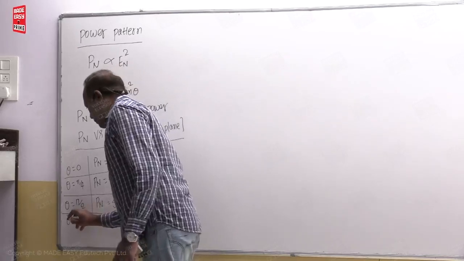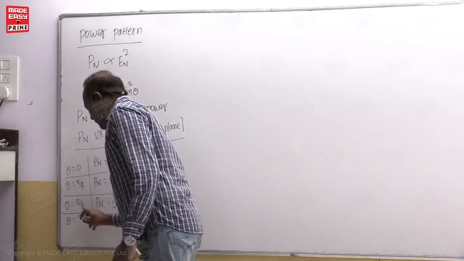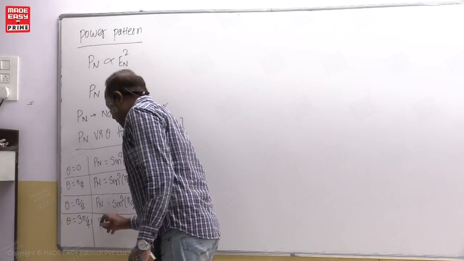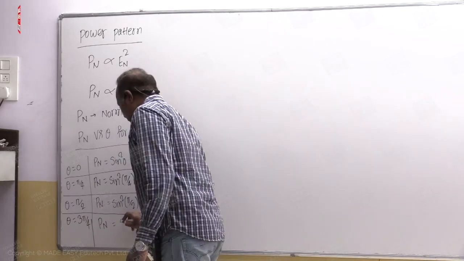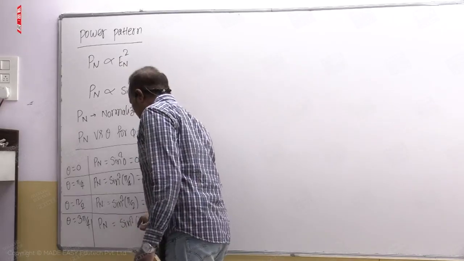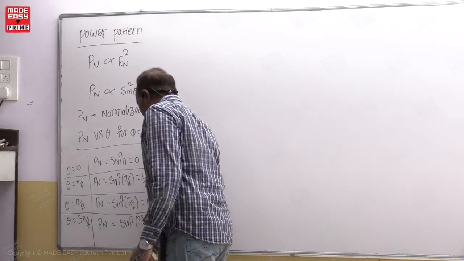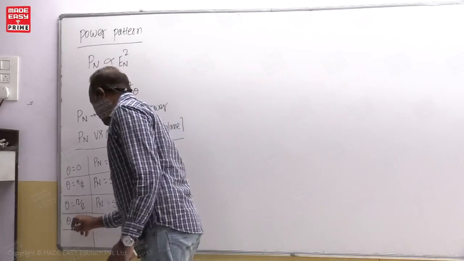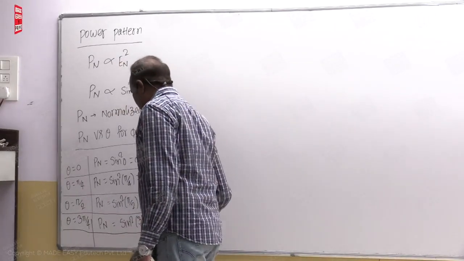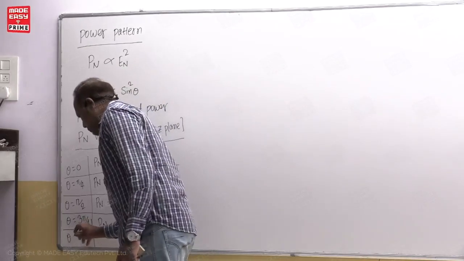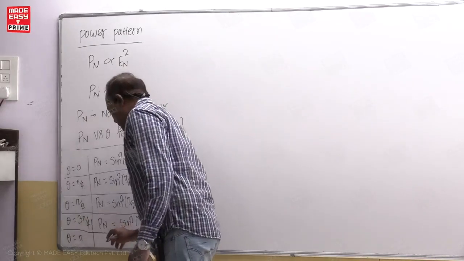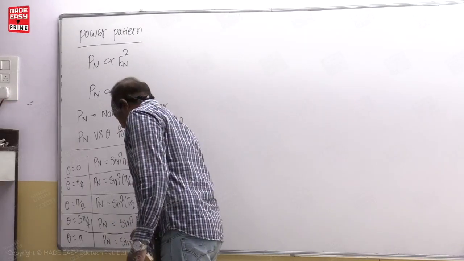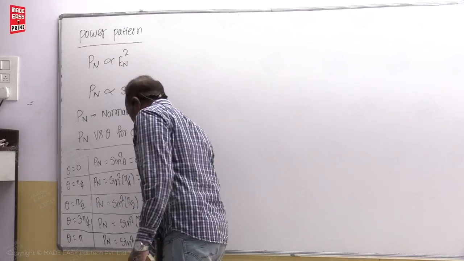Theta equal to 135 degrees, 3 pi by 4: normalized power is sine square 3 pi by 4, that is 1 by root 2 whole square, which is 1 by 2. Theta equal to pi radians: normalized power sine square pi is 0.